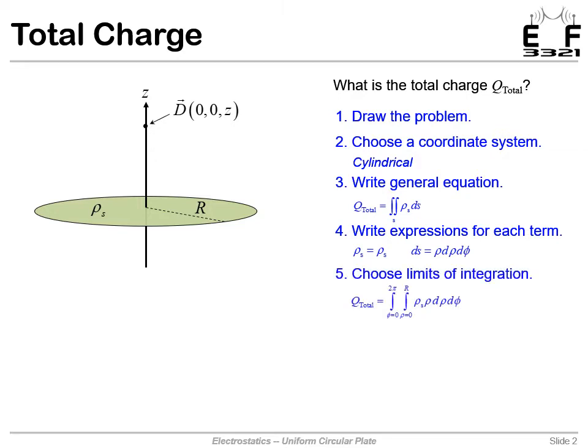The last thing we need to do is choose our limits of integration. We're integrating over rho and phi. Rho is the radius extending outward from the z-axis, so it makes sense to integrate from 0 out to R. We're not going to integrate from negative R to positive R; we're going to integrate from the center out to R. In doing that, we're not covering the other half, so when we integrate over phi, our angle, we need to go all the way around to cover the full area of this circle.